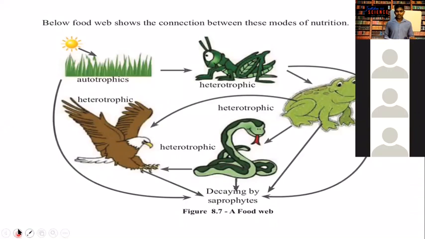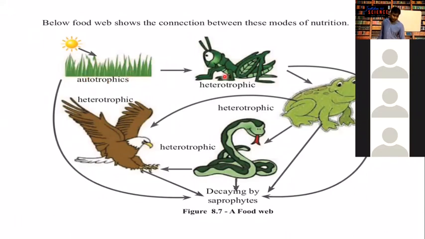They utilize food produced by plants and organic compounds from other living organisms. Now, say for example, you can see a food web on the screen. Here this green plant is there, and this is an autotrophic organism.